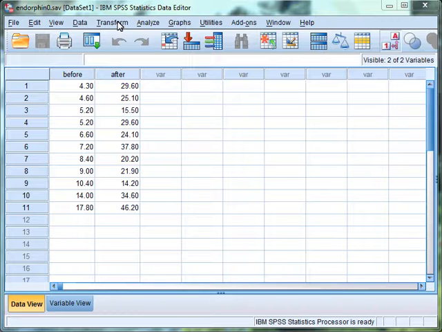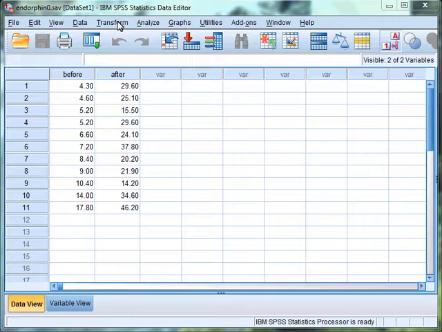Before we run the dependent t-test, we need to check the assumptions of a dependent samples t-test. These are similar to some of the assumptions of an independent samples t-test. For example, we need our dependent variable, in this case endorphin levels, to be measured on a ratio scale, which in this case it has been.